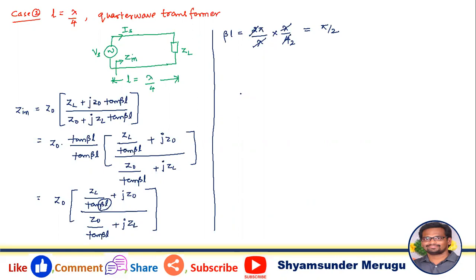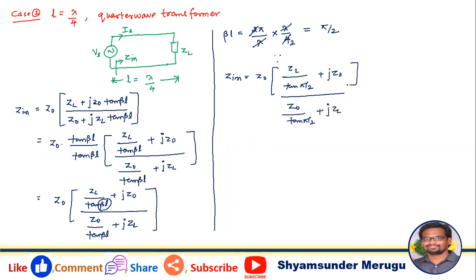Now we know that tan π/2 is infinity. So Zin will be equal to Z0 of (ZL over tan π/2 plus jZ0) over (Z0 plus jZL over tan π/2).